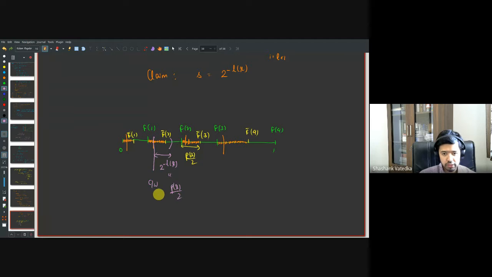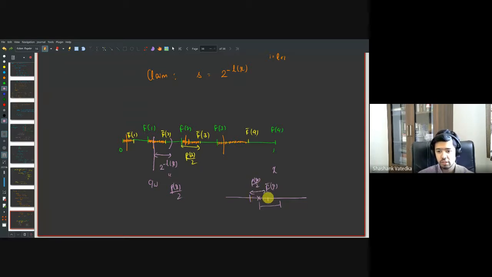So for every symbol x, I have f bar of x. The true code word is going to lie somewhere on this interval. And the set of all bad sequences, that is the set of all sequences for which this could be a prefix, is going to lie in another interval. But the length of this interval is P of x by 2.